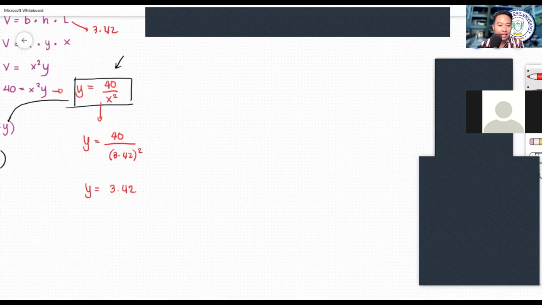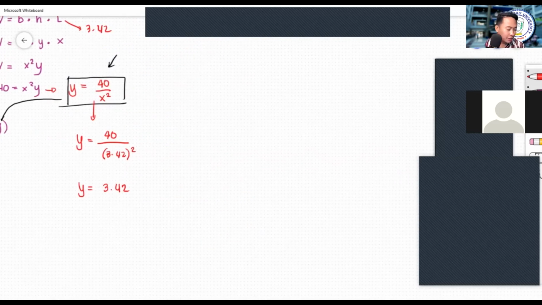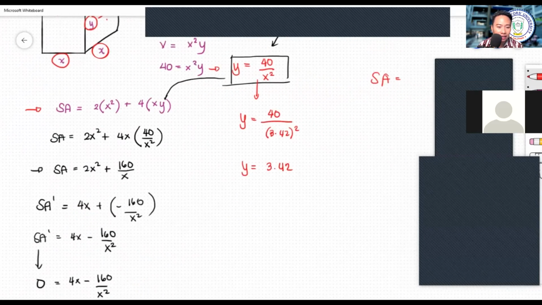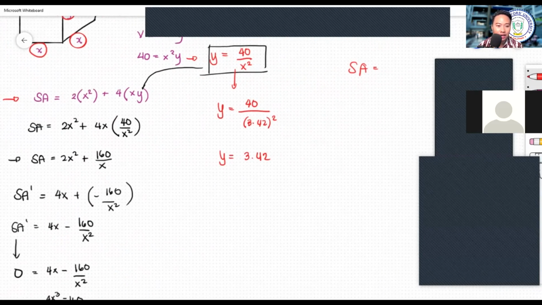Guys, I'm going to show you, if you check the book, the intervals there. We have the surface area formula, which is 2x squared.